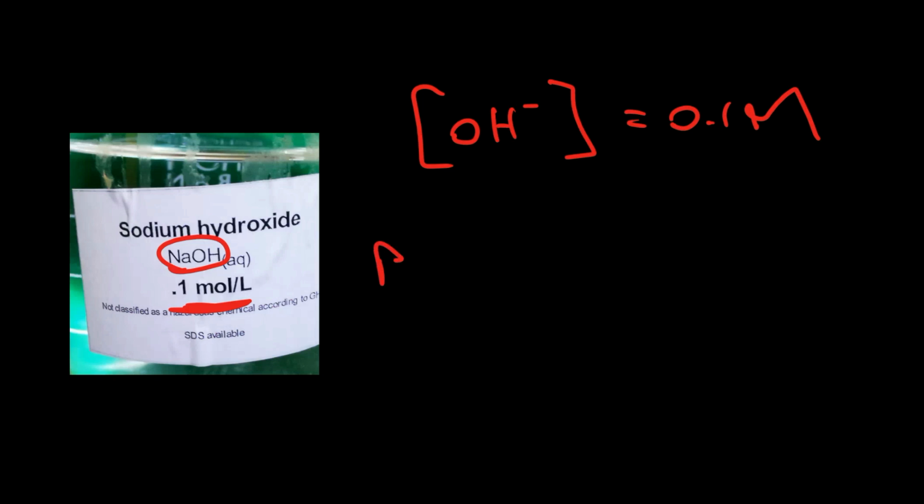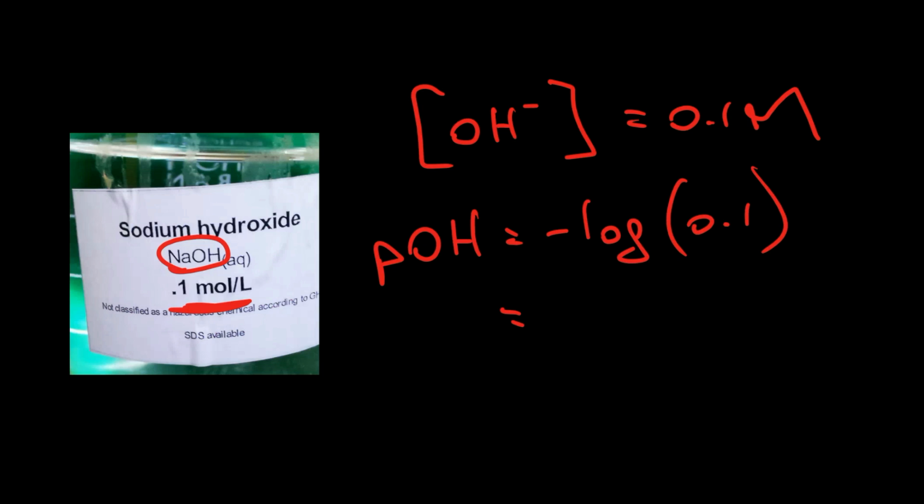So we work out the pOH first. Now pOH is the minus log to the base 10 of the hydroxide ion concentration, so that's 0.1, and we'll go back to the good old trusty calculator, minus log of 0.1. Actually, I could have done that in my head. I know how maths works. But anyway, there we go, so 1.